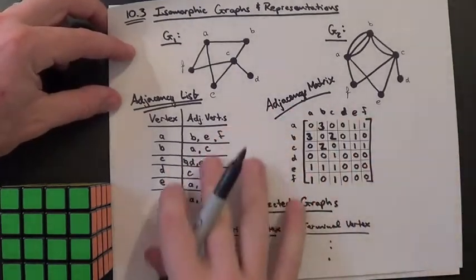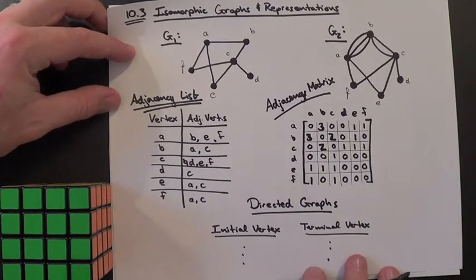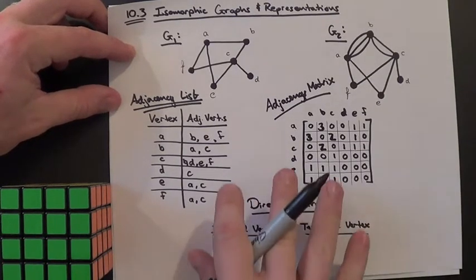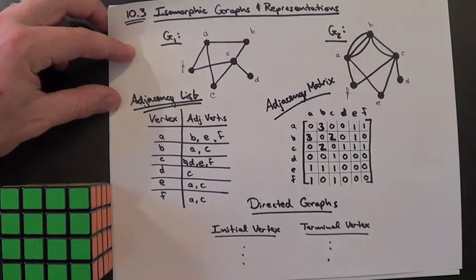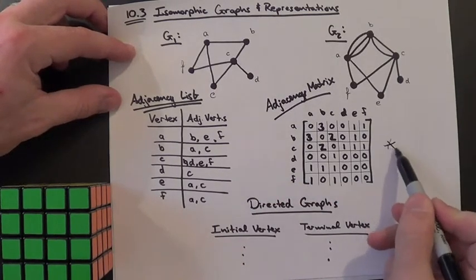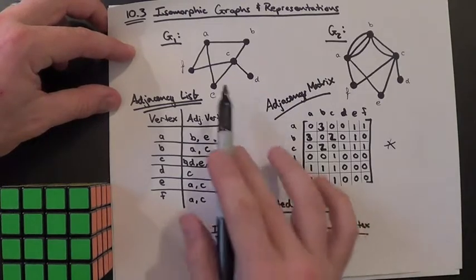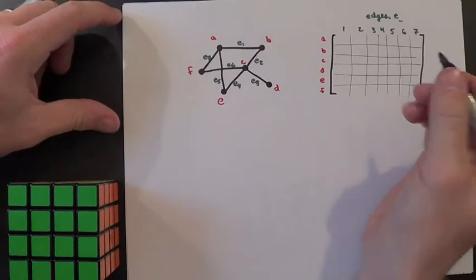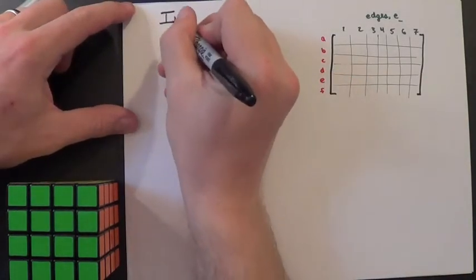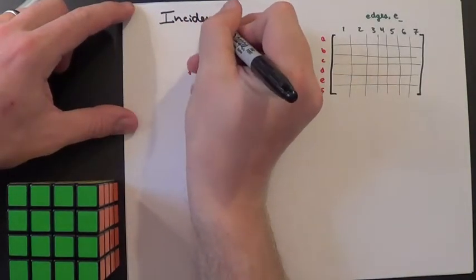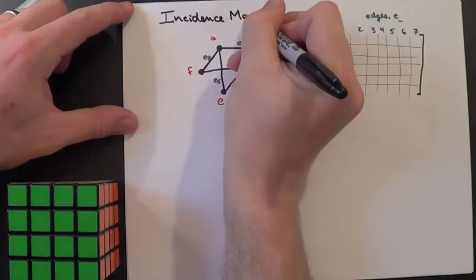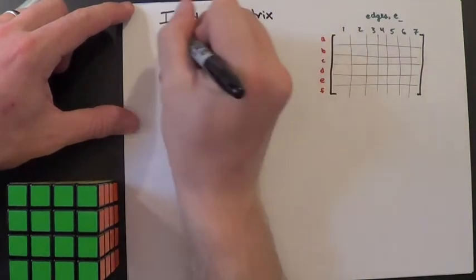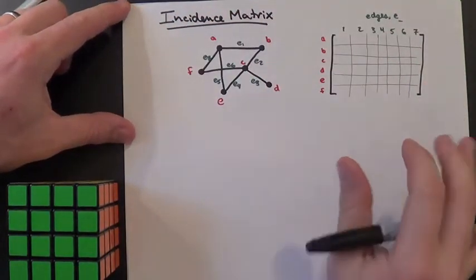These are just representations for graphs, and what we can show later is using these representations, namely matrices, to determine whether or not 2 graphs are isomorphic. Now for an incidence matrix, not much changes.